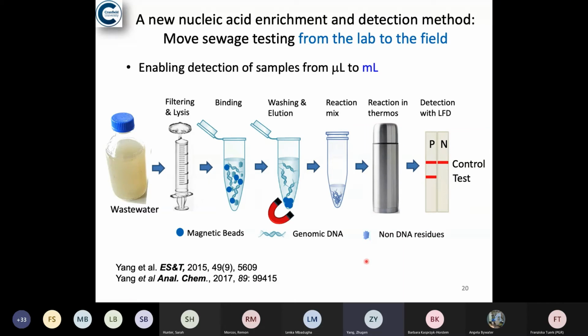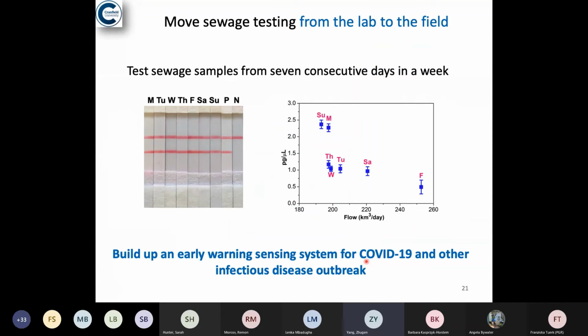We are very inspired by this track record, and we try to help with rapid testing of SARS-CoV-2 in wastewater. This is more work on that method. In a proof of concept study, we tested a cohort of sewage samples from the local wastewater treatment plant, and we are also able to quantify those nucleic acid loads based on the flow meter.